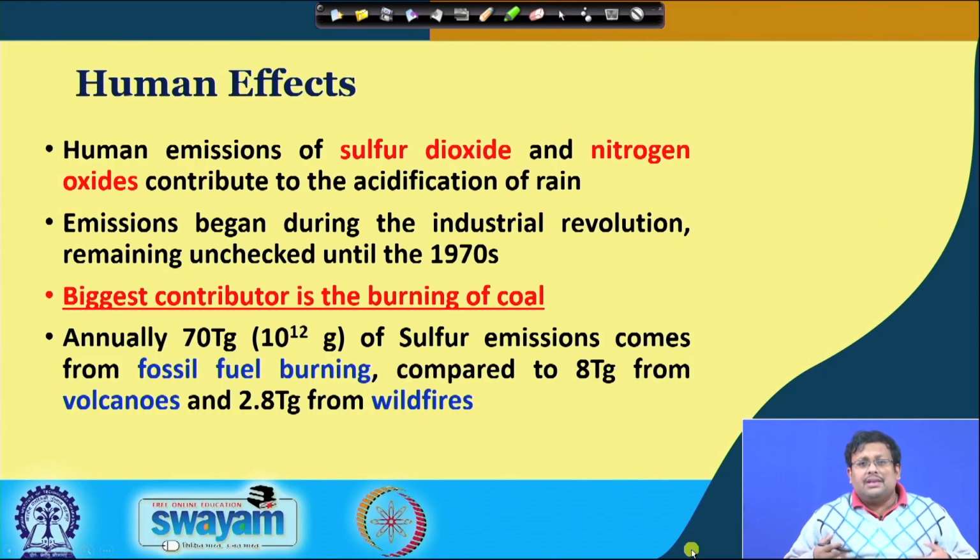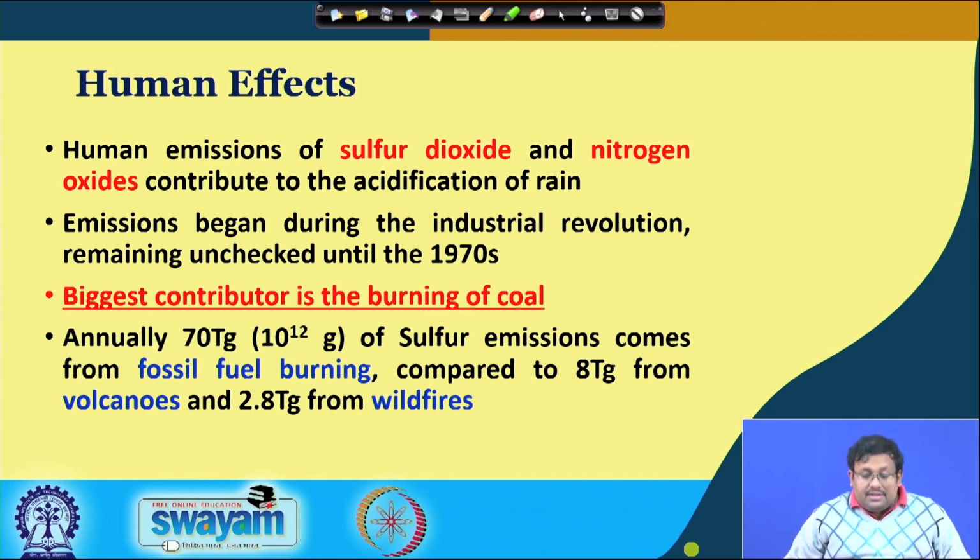So what are the human effects? Obviously the anthropogenic effects are very important, because sulfur dioxide and nitrogen oxides are contributed by the burning of fossil fuels. Coal burning is the major contributor to acid rain, producing huge amounts of industrial smoke.